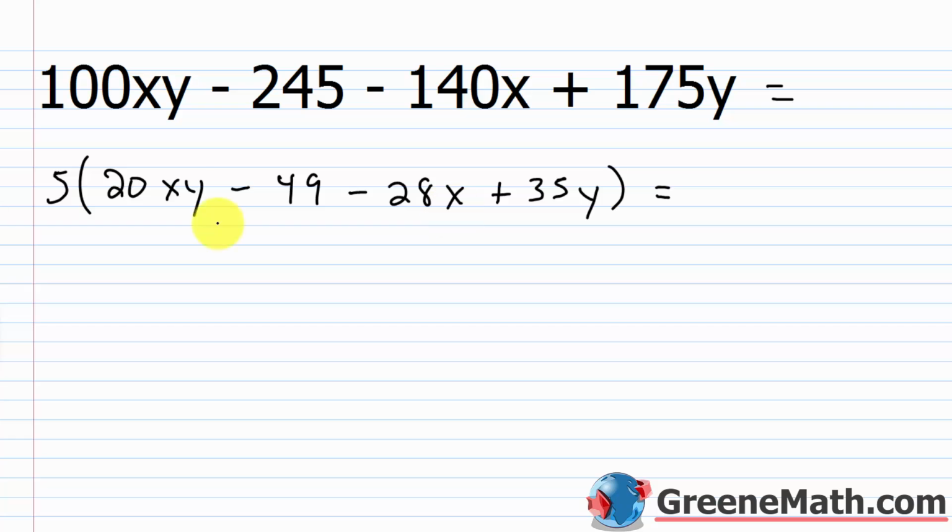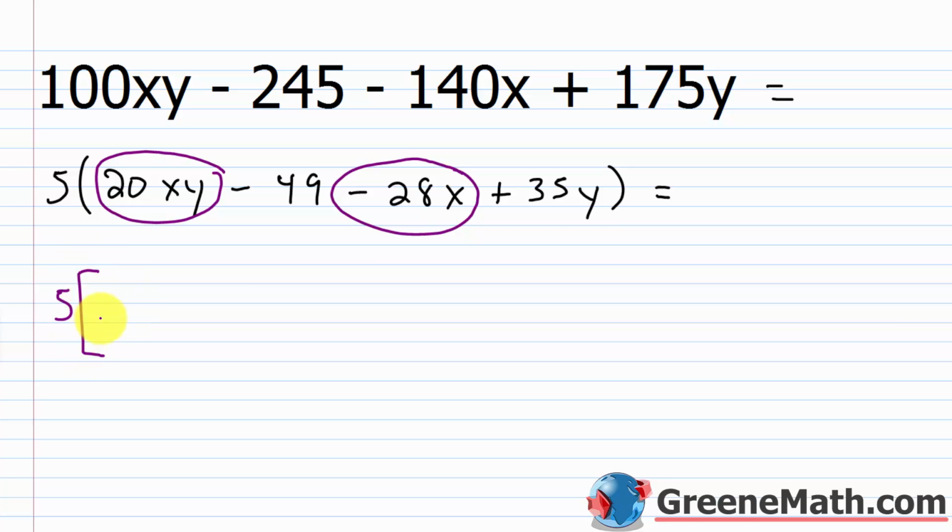Again, I'm going to think about the fact that this term right here has an x, and this term right here has an x. So let's go ahead and rewrite this as 5 times, inside of one group, I'm going to use brackets here to make this a little easier to see. So one group could be 20xy, and then minus 28x, and then plus another group could be 35y minus 49.